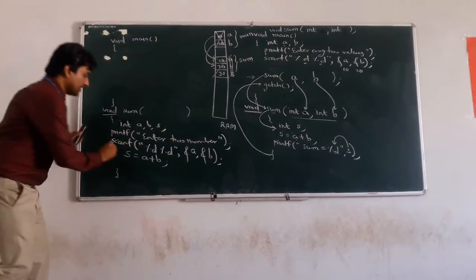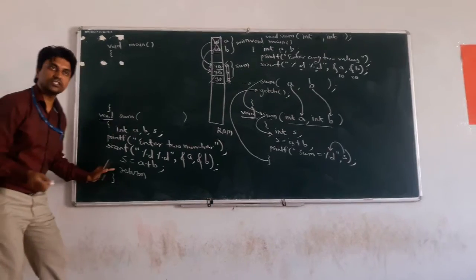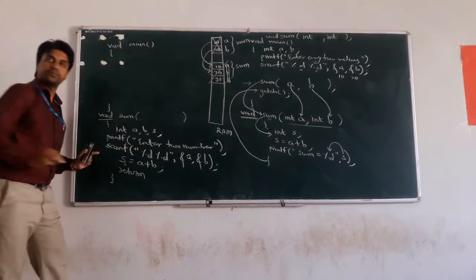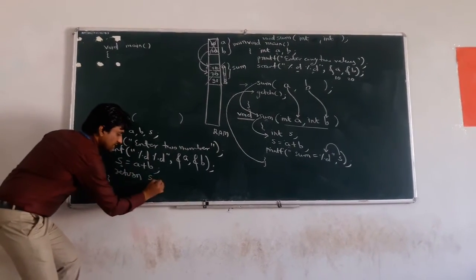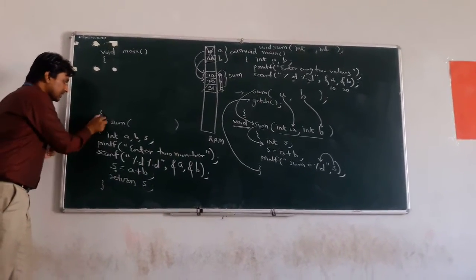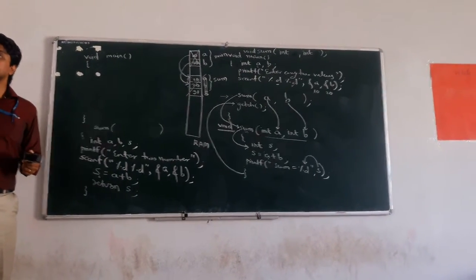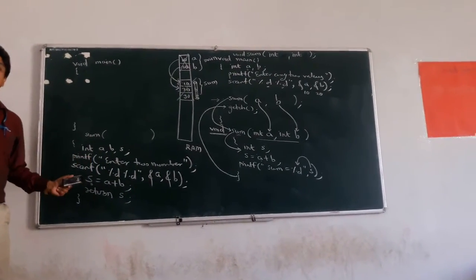Okay, so the next statement is return. What does the sum function return? Sum. So write return, space, s. As per that, the function returns something. And what type of value is returned by the sum function? Integer.